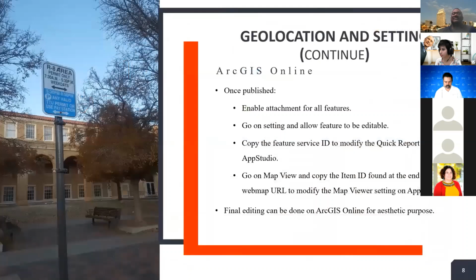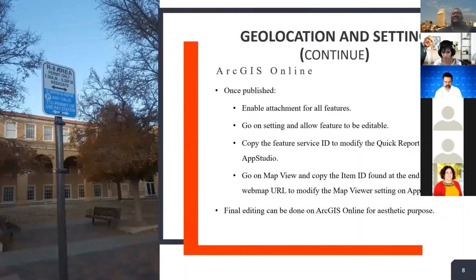So on ArcGIS Online, once I published the map, I went into the settings to enable attachments for all features, which is really important. Then I also allowed the features to be editable.